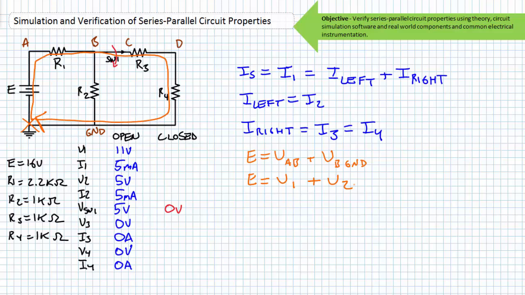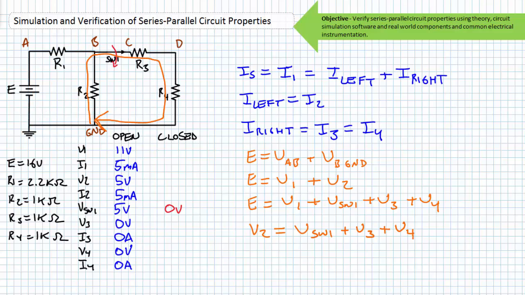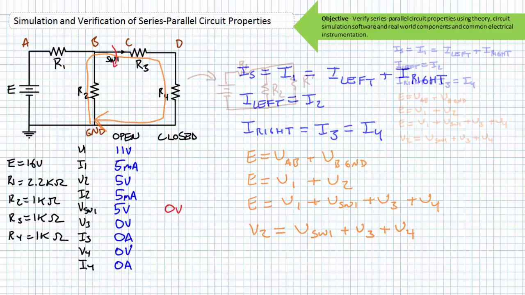This means E equals V1 plus V2, or E equals V1 plus the voltage across the closed switch plus V3 plus V4. A final KVL analysis of this loop suggests that V2 equals the voltage across the closed switch plus V3 plus V4, accounting for the polarity induced by conventional current. This supports our initial assumption that the voltage across the B to ground path is the same regardless of which path is traveled. Voltage across paths in parallel is the same.